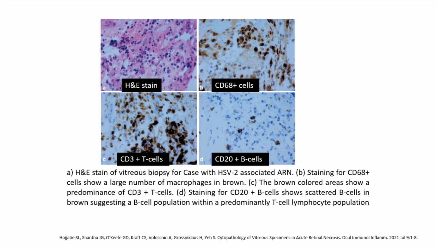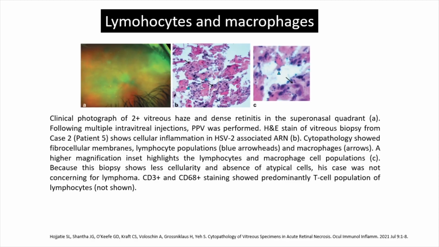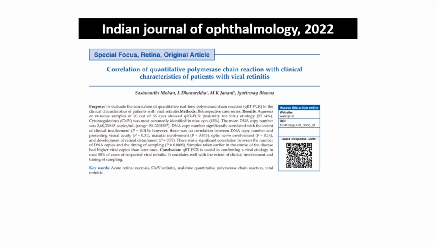Macrophages were seen on immunohistochemistry with CD68 positivity, and T cells predominantly with CD3 positivity. Sparse B cells were seen, which are CD20 positive. The cytopathology of the vitreous specimens showed a collection of lymphocytes and macrophages.